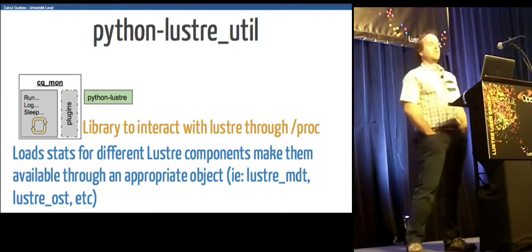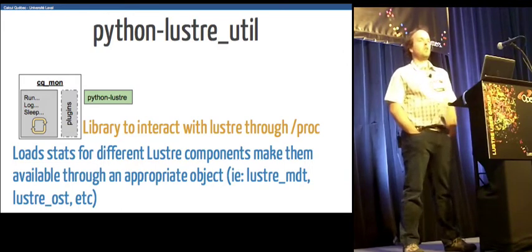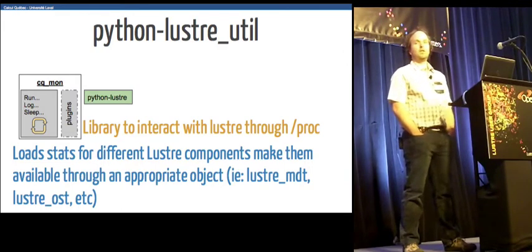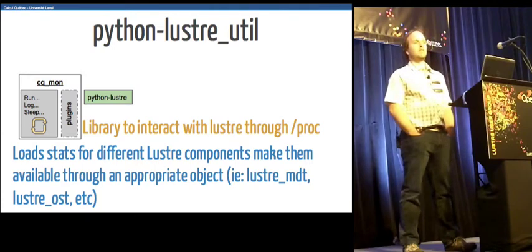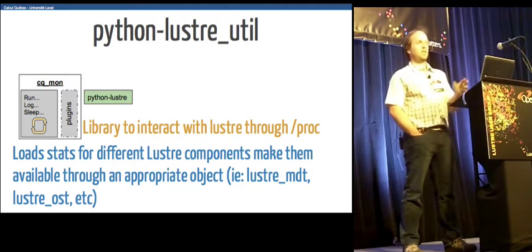Since we wanted to run that daemon on the ClusterStor systems also, we needed to minimize the number of software dependencies we had to install on those machines, so as not to get into trouble with Seagate support.